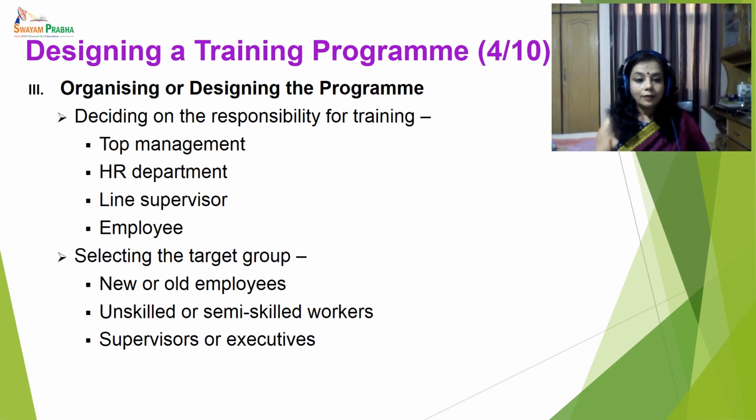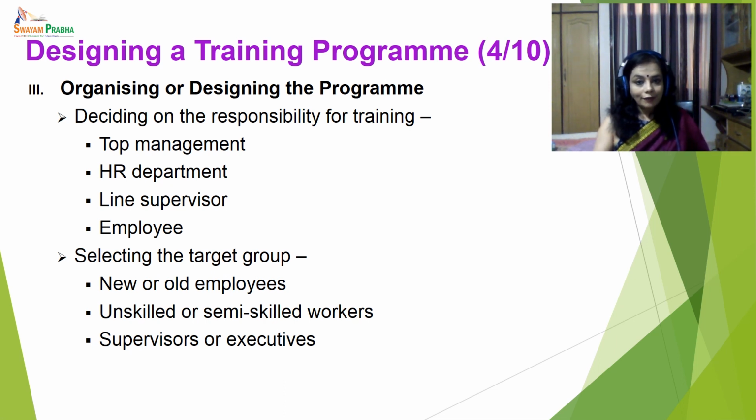Then comes the next in the process of organizing the training program, selecting the target group. It can be any combination, any type of employees, but that has to be decided in this stage only. So whether you are going to arrange the training program for new employees or old employees, unskilled, semi-skilled or skilled employees, supervisors or executives.